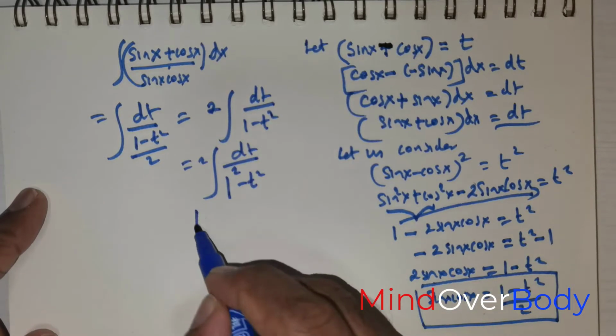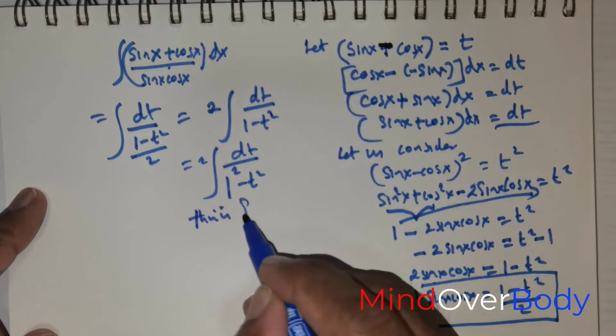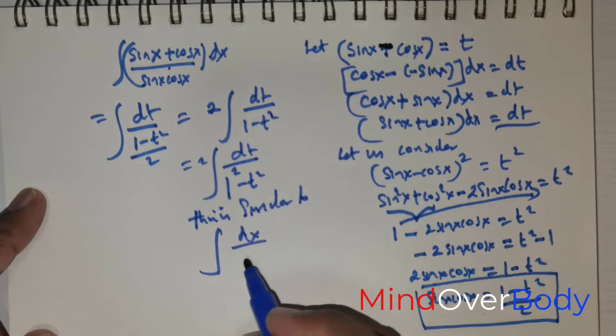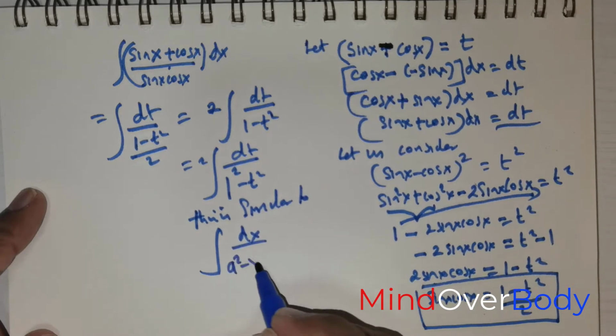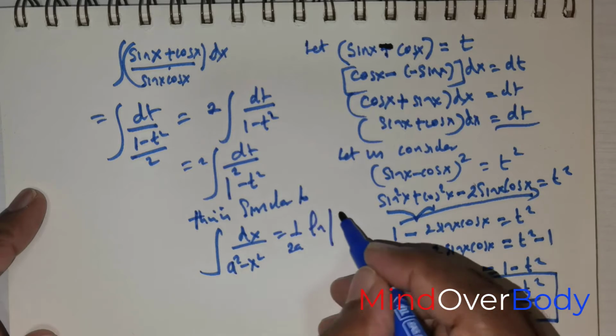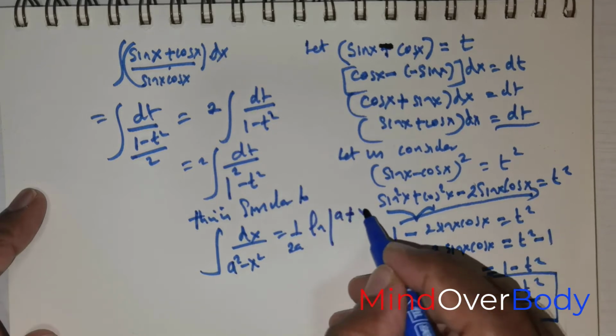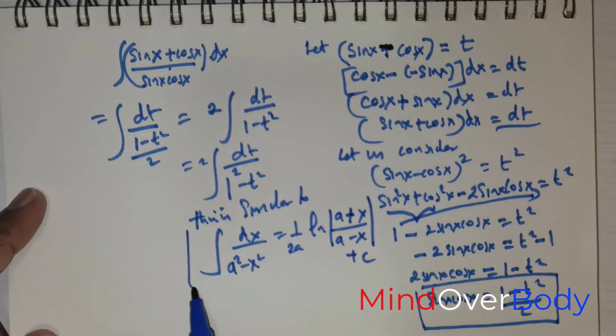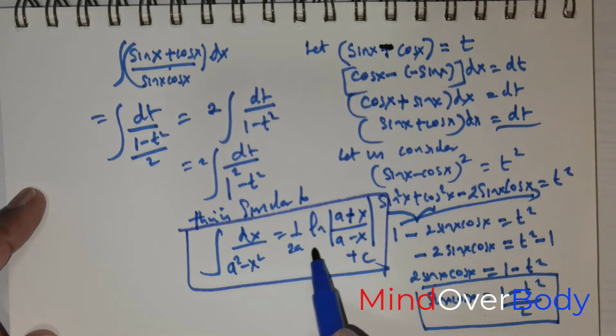Now this is similar to our integral of dx over (a squared − x squared), which is nothing but 1 over 2a times ln of |(a + x) divided by (a − x)|, plus an arbitrary constant. So I would use this formula over here.